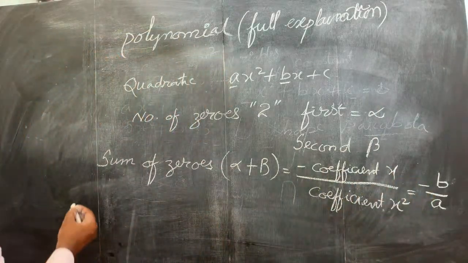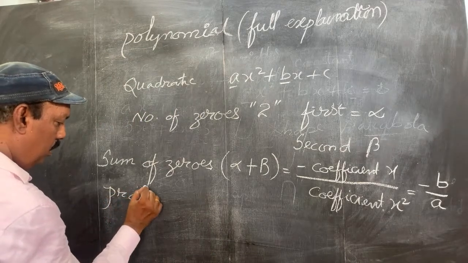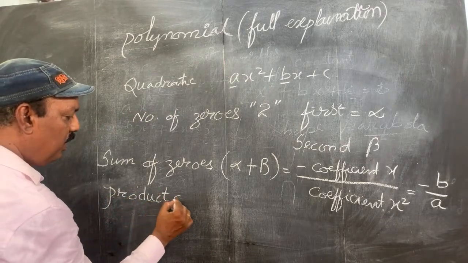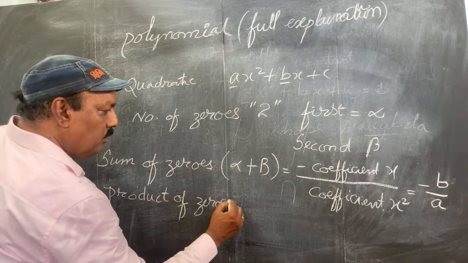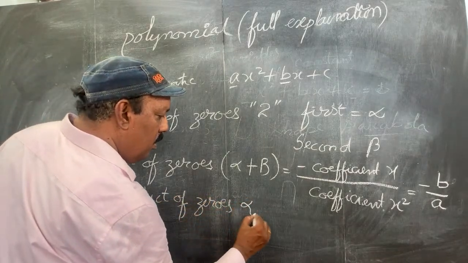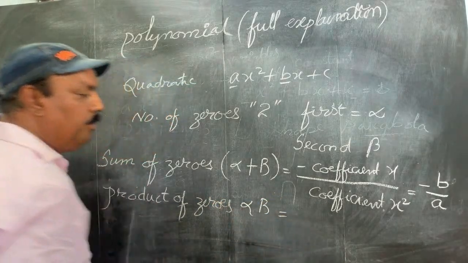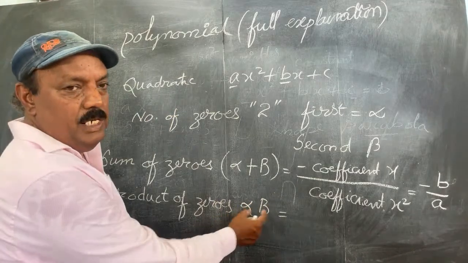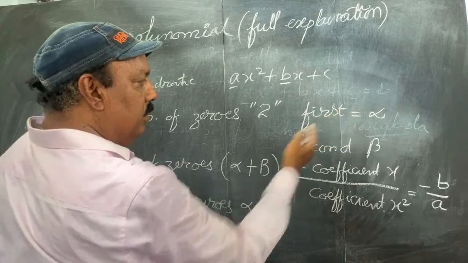Next, product of the zeros. Product of zeros is alpha into beta. Product means multiplication, where we multiply the first zero and the second zero.